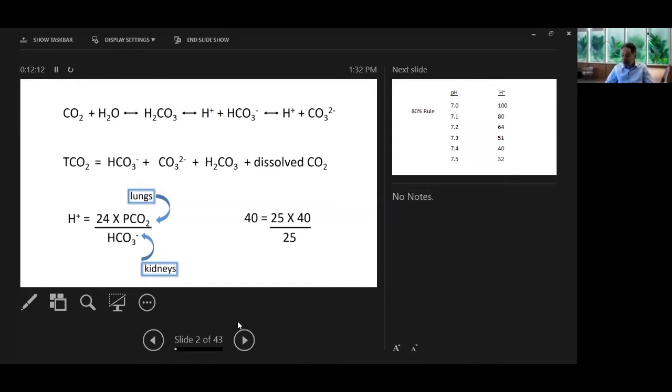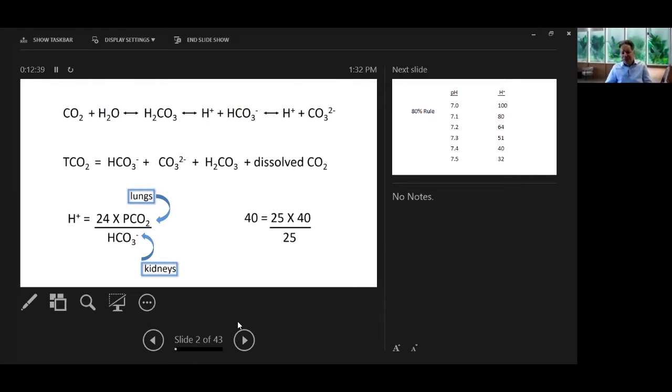It's very different from the bicarbonate-centric approach. There are two bicarbonate-centric approaches: the Boston approach, and also the base excess approach, which you sometimes see on the blood gas analysis. I'm not going to be talking about that today. If any of you have questions or would like to discuss that further, I'd be glad to do that separately.